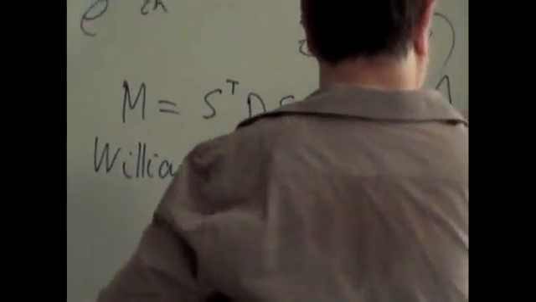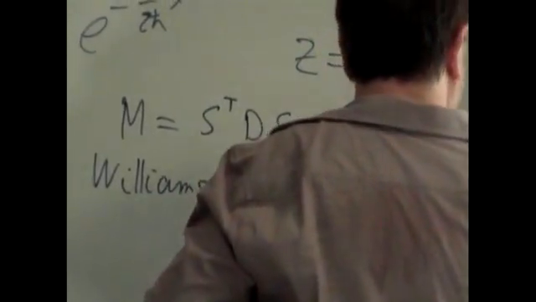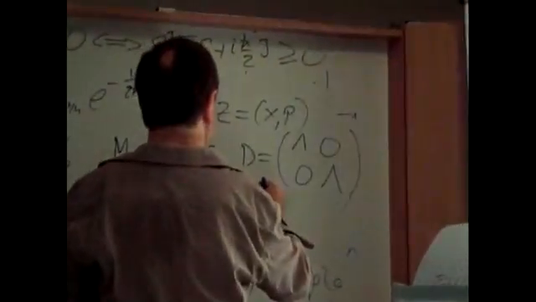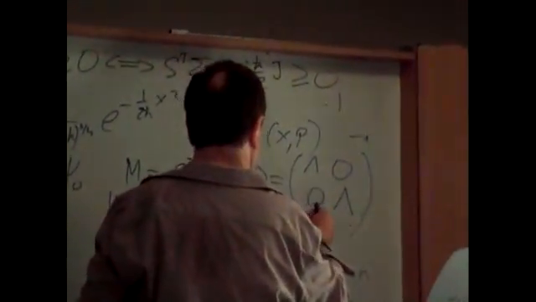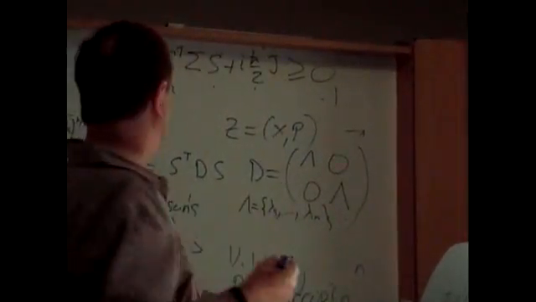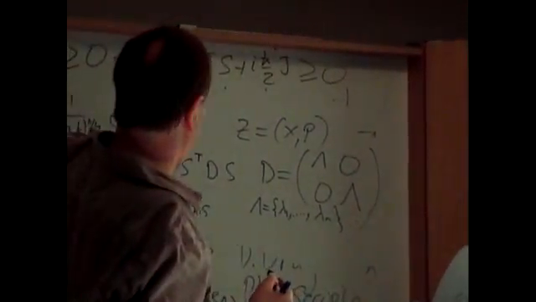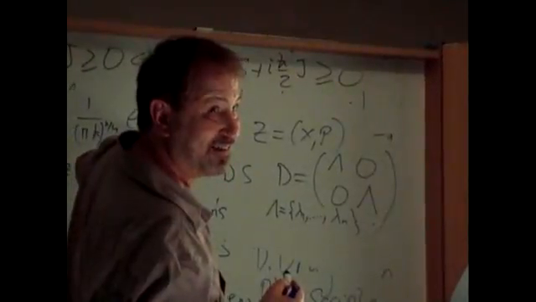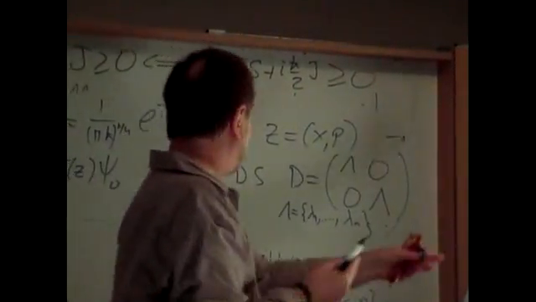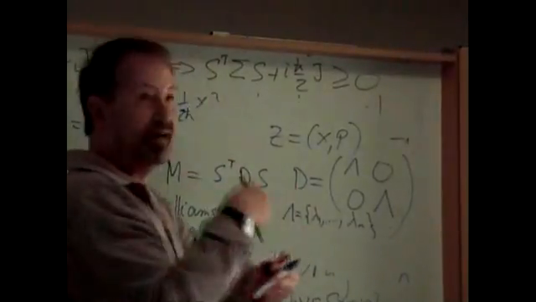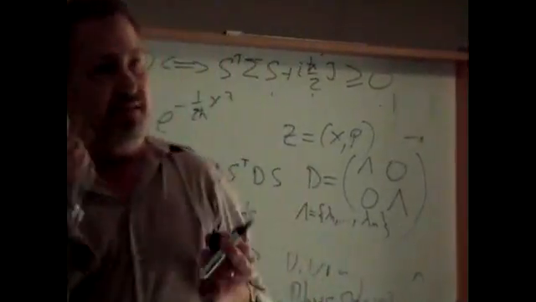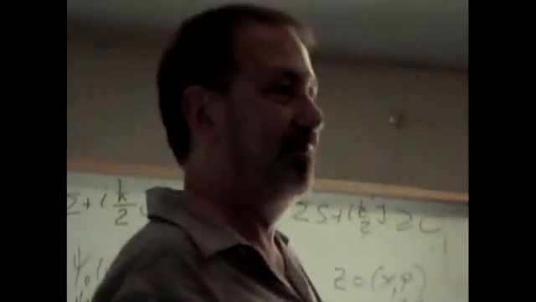It's of the type lambda 0, 0, lambda, where lambda just consists of lambda 1 to lambda n, where the lambdas are the eigenvalues of J_n. Using this, actually, you can prove Gromov's theorem in the linear case.